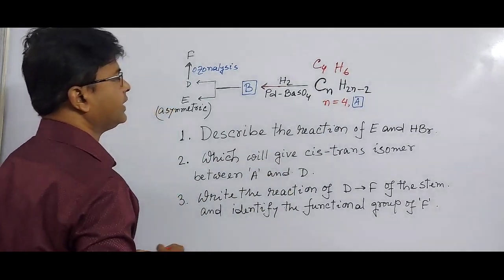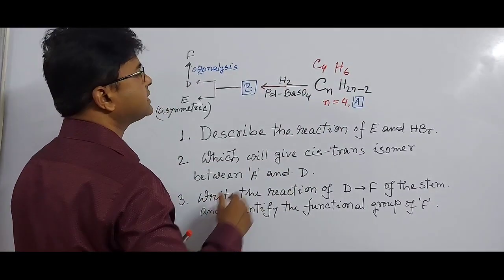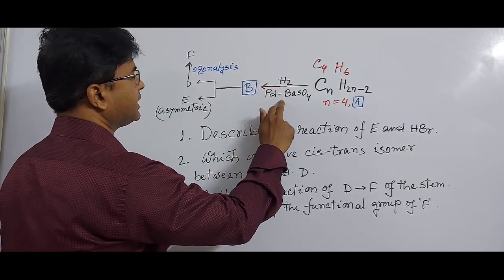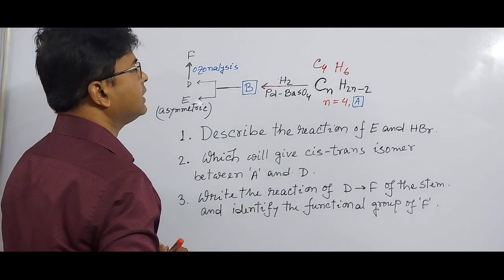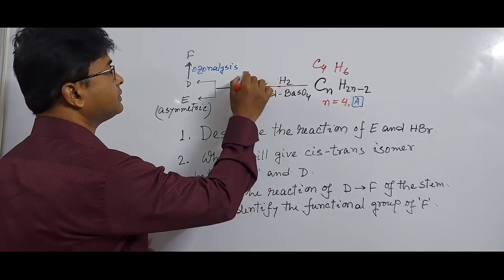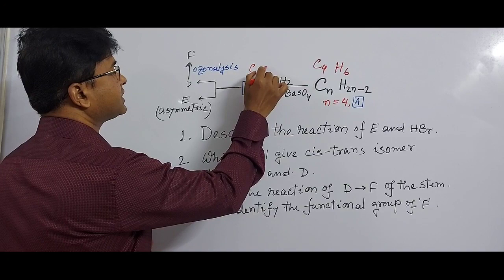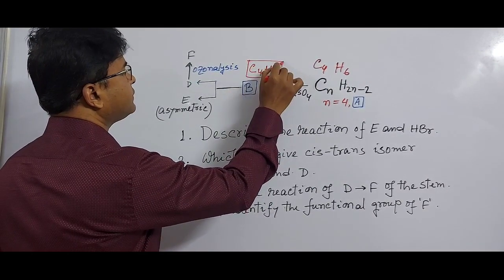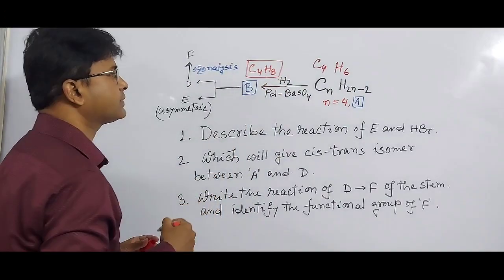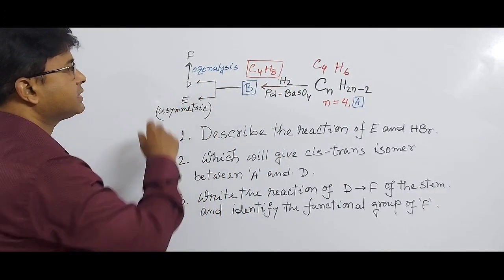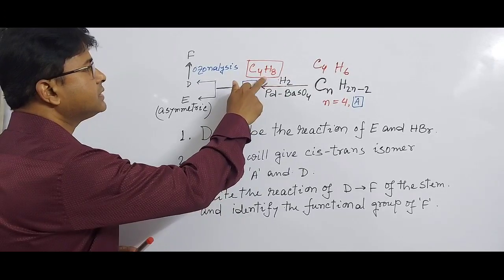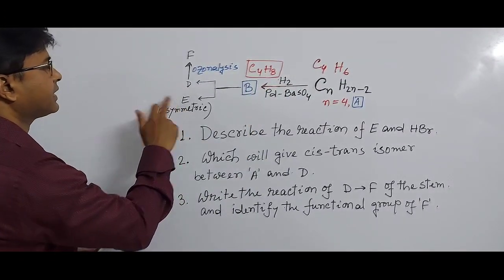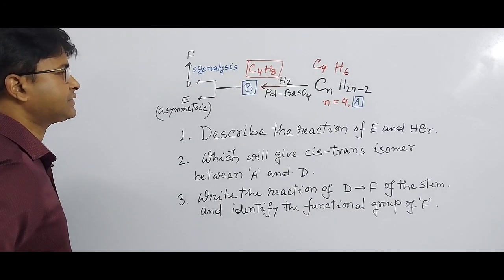Students, if I pass hydrogen gas in the presence of palladium and barium sulfate, it will be C4H8, and C4H8 shows two isomers, one is the D isomer and another is the E isomer.